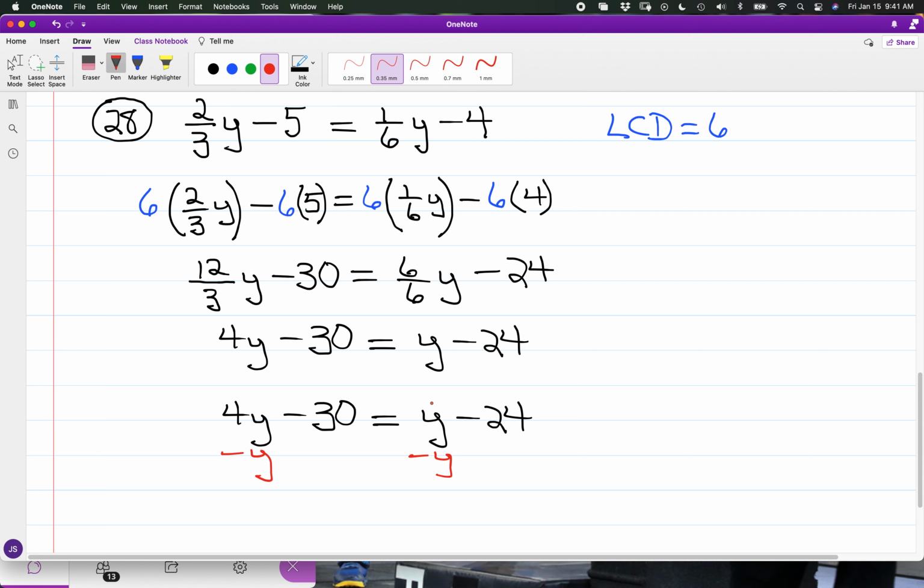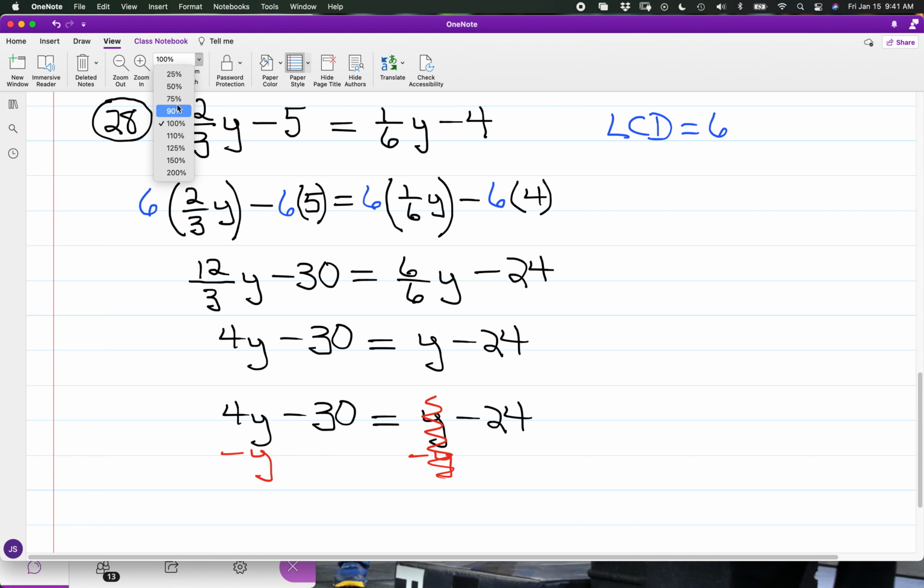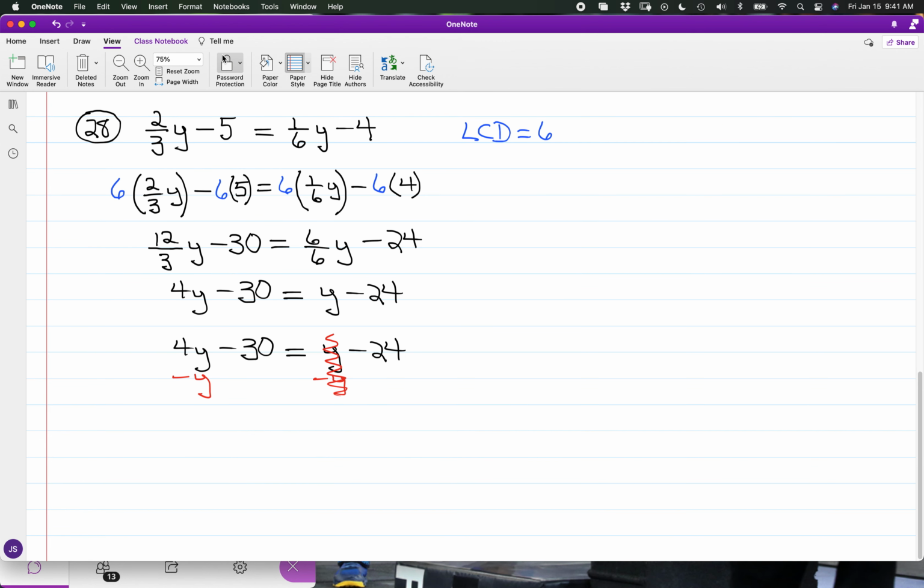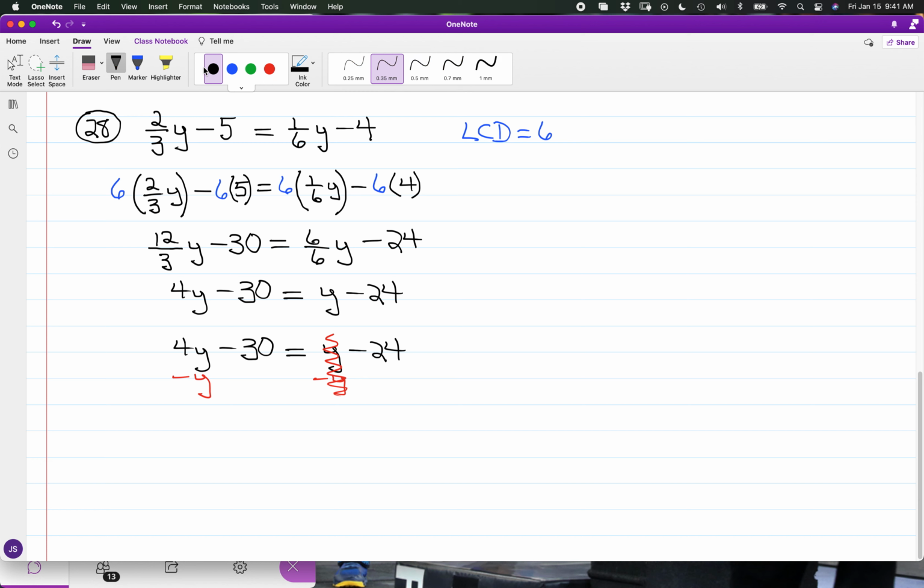Okay, so if I were to take y away from both sides, so we're going to have 4y minus y, so this will become 3y minus 30 is equal to negative 24.